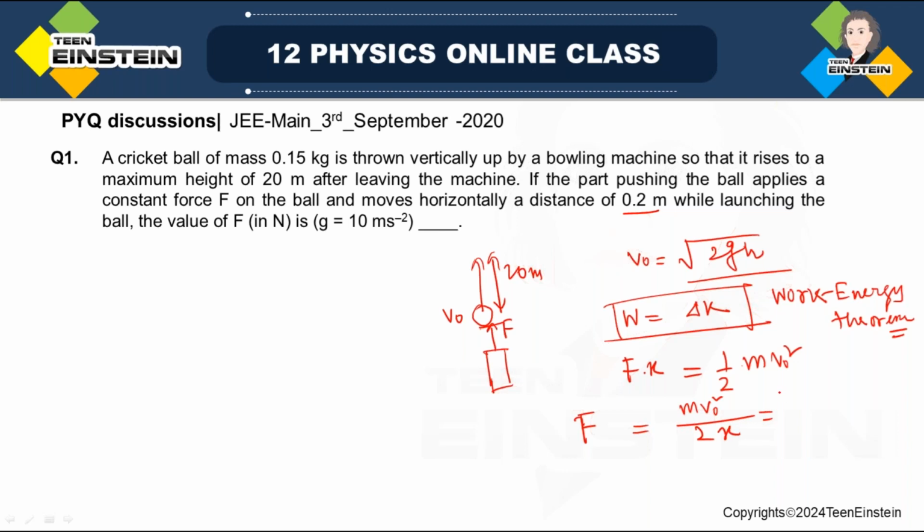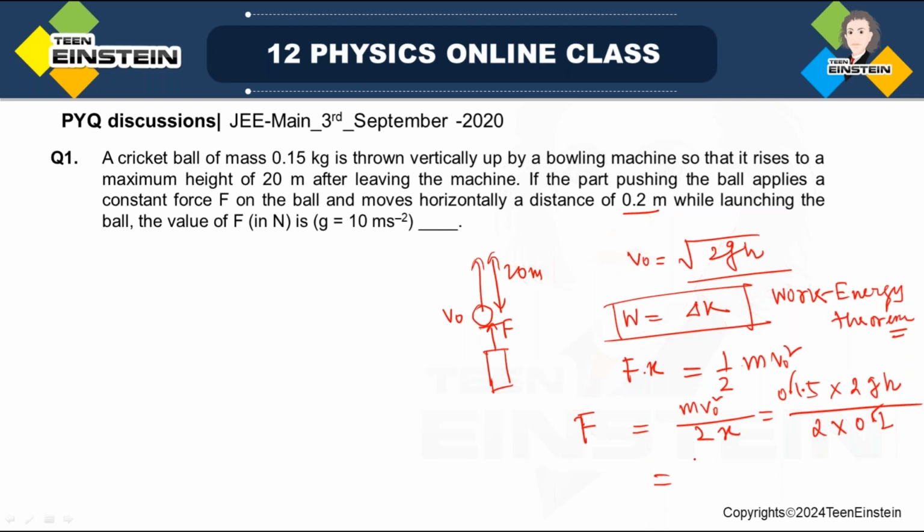So m is 0.15 kg. V I know, v naught I know, v square I know, 2 g h divided by 2 into 0.2 meter, right? So if I do the calculation, see how it goes. This g is 10.